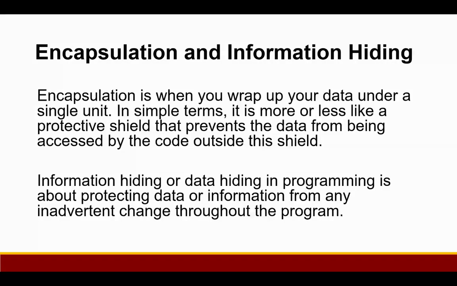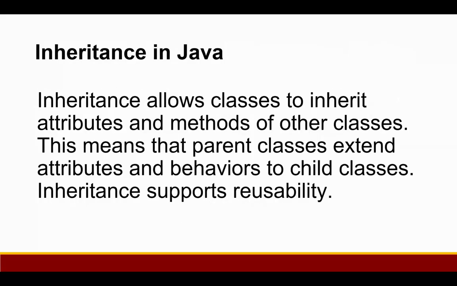Okay. So next we have here inheritance. Inheritance is a mechanism in Java that allows one class, the child class or subclass, to inherit the attributes or even the methods from another class, which is your parent class or the superclass.